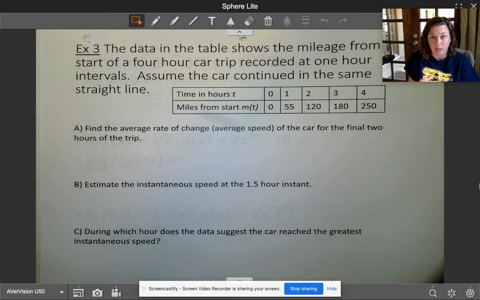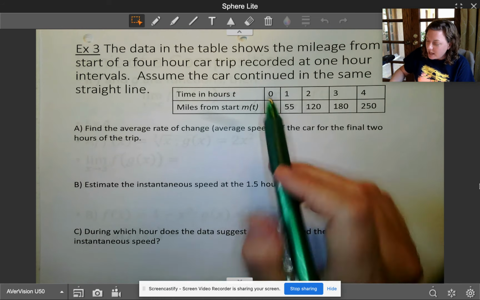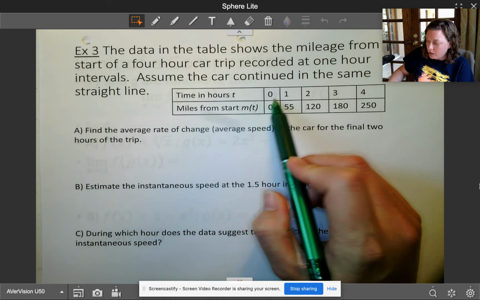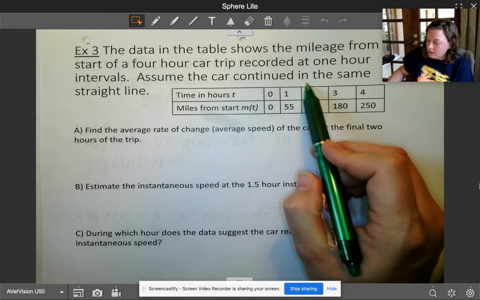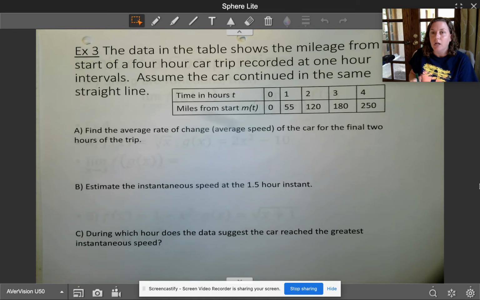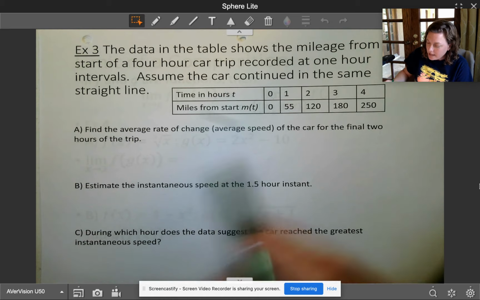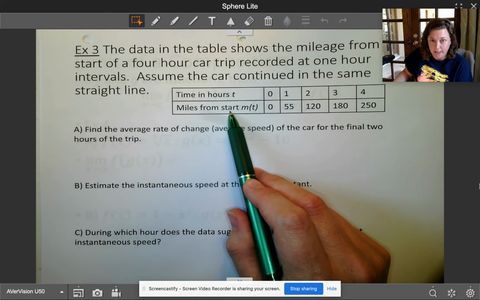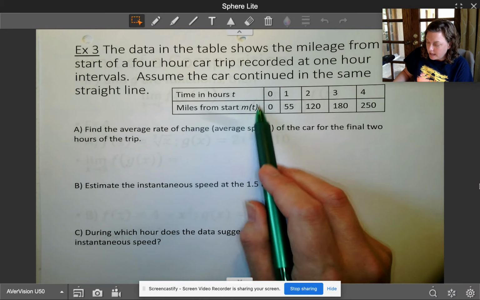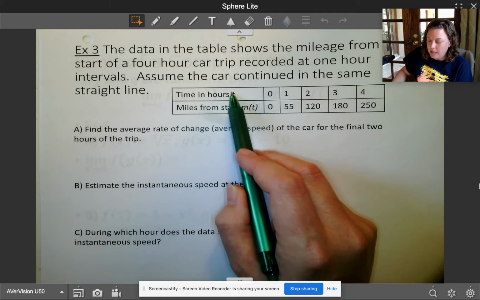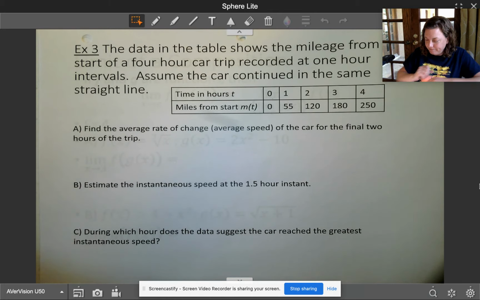Okay, and so we have the time in hours from when we started at 0, and then this is the first hour, and the second hour, and the third hour, and the fourth hour of our drive. And this is the miles from starting. And I did this M of T and T, so I wanted some notation there.